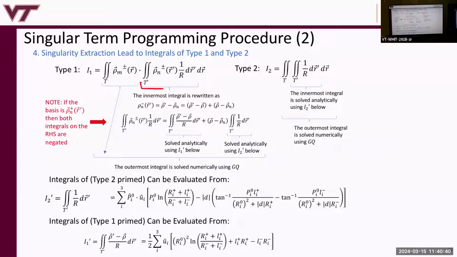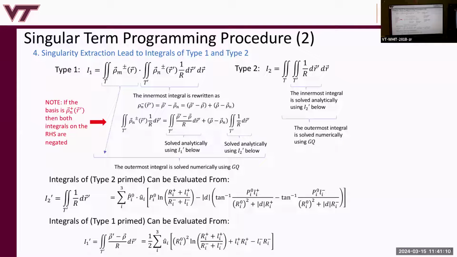This integral is breaking into two terms, this term and this term. And plus the rho minus rho n into just 1 over r. Is that clear? So this integral we called I1, but now the first term that I1 breaks into we call I1 prime, and the second integral that it breaks into we call I2 prime.